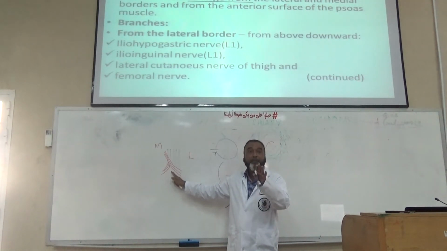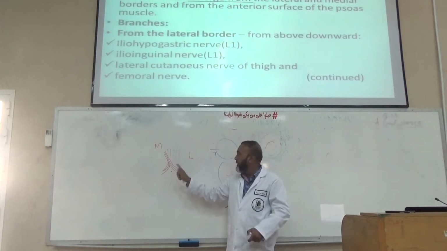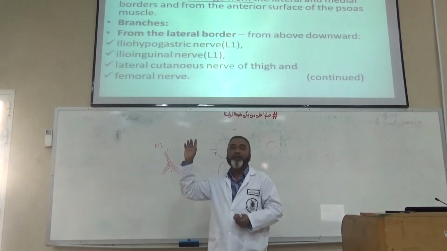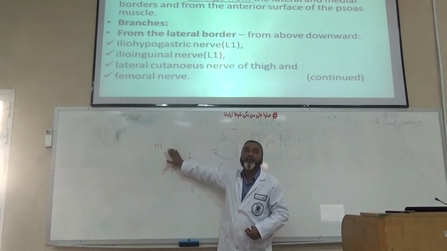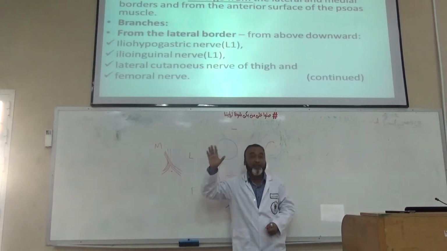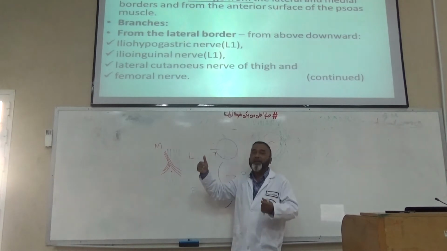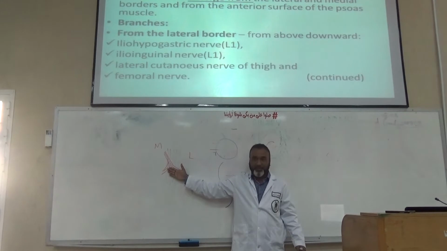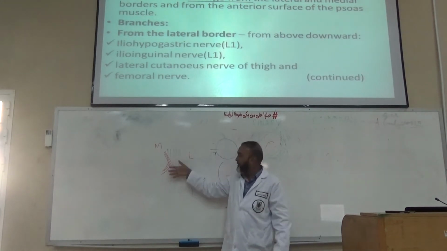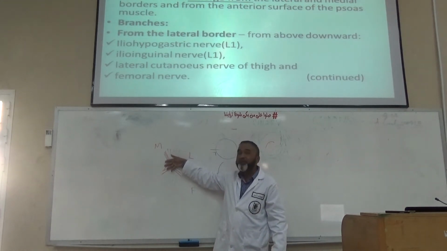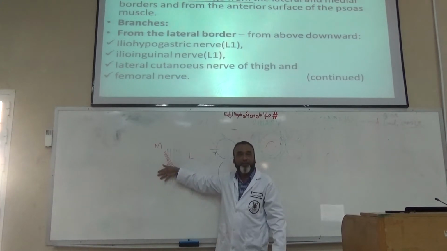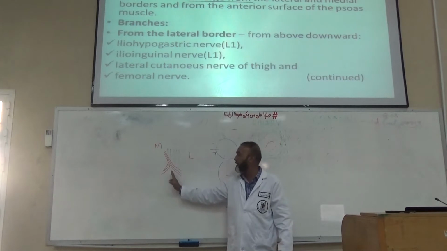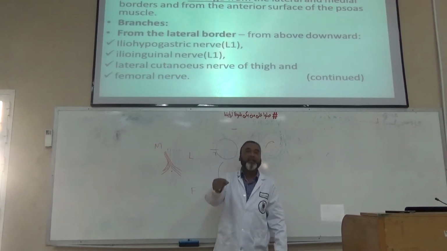Okay? After they come out their names will be different, we will see, but you should keep in mind that, as written in the book, the lumbar plexus is formed in the substance of the psoas major muscle, and after formation some branches come from the medial border, some from the lateral border, and some from the anterior aspect.